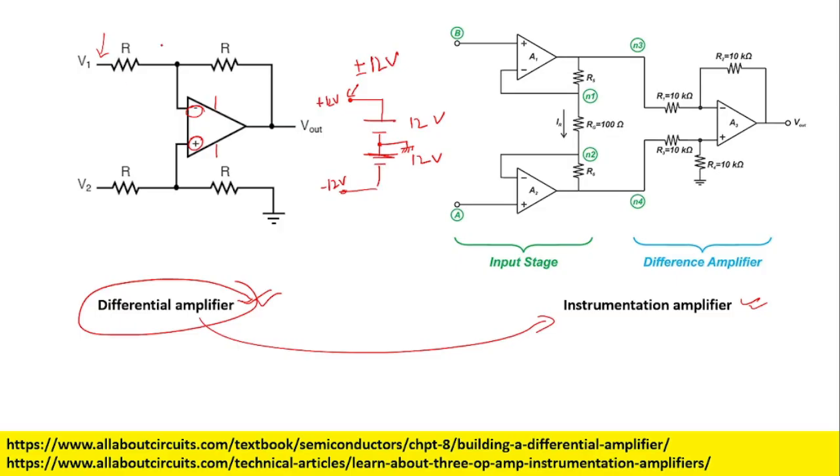From both the outputs you get positive and negative outputs. This dual power supply is used to power the op-amps, and this is a differential amplifier whose output is directly proportional to V2 minus V1.